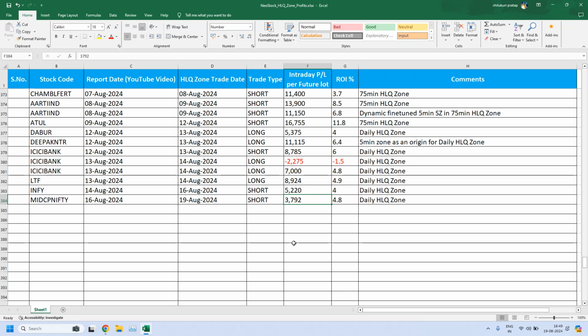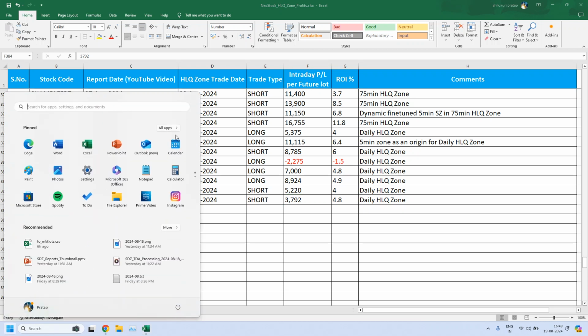If you had bought two futures, you would have invested close to 1,60,000 rupees or a little below, and 3,792 into 2 means definitely more than 7,000 rupees profit, maybe 7,400 or 7,500 rupees. With the same capital, generally invest in equity stocks.